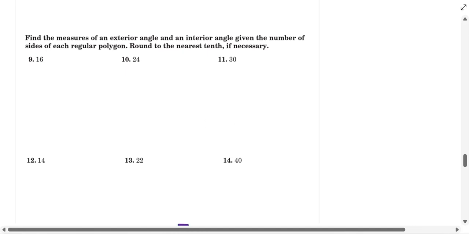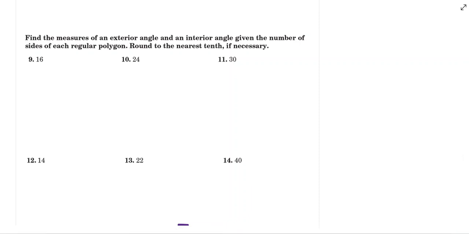For the following 6 problems, the easiest way to do this is to find the exterior angle first, then find the interior. So here we know we have 16 sides. We know it's a regular polygon. So all the exterior angles add up to be 360, divided by 16, and you would have that the exterior angle is 22.5 degrees.